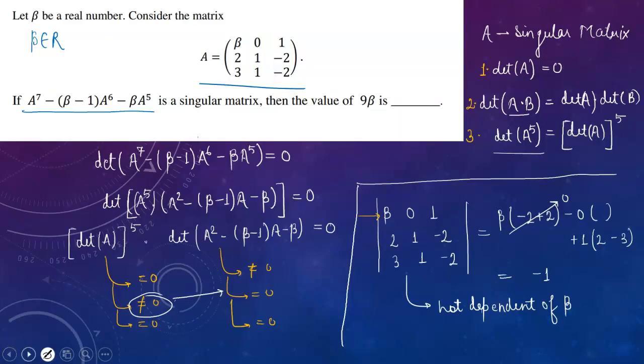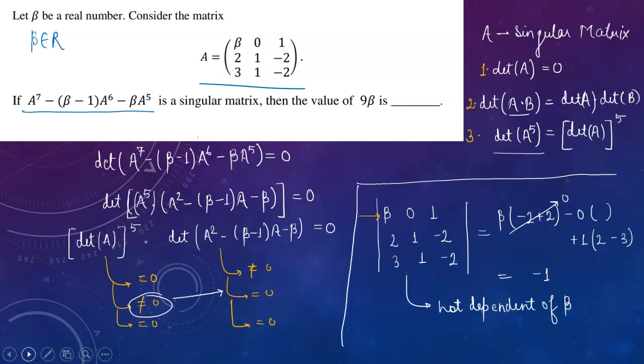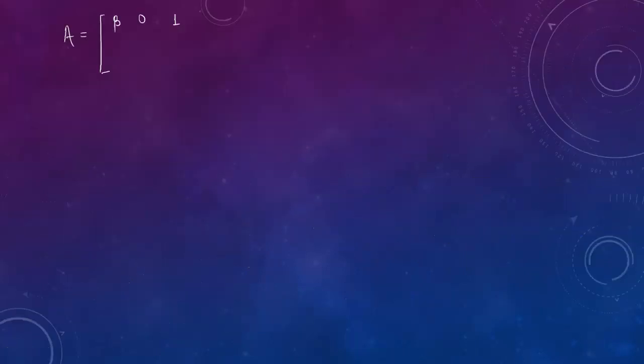Since A is the matrix with rows beta 0 1, 2 1 minus 2, 3 1 minus 2.